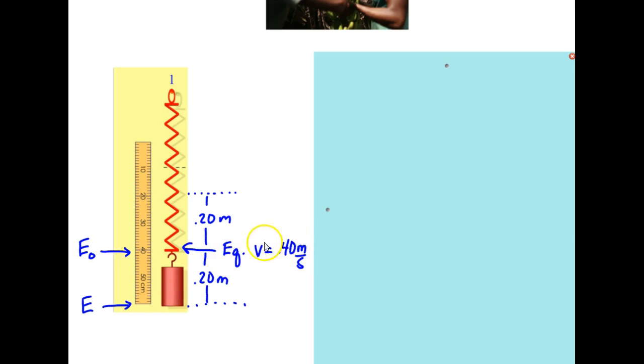Because we know the speed at the equilibrium position is 0.40 meters per second, and we know there's no elastic potential energy at that spot because the spring is not stretched beyond equilibrium. At the bottom of the stretch, it's at rest, so we want to use that to our advantage to have no kinetic, and it's stretched 0.20 meters. So we go ahead and set up our conservation of mechanical energy.